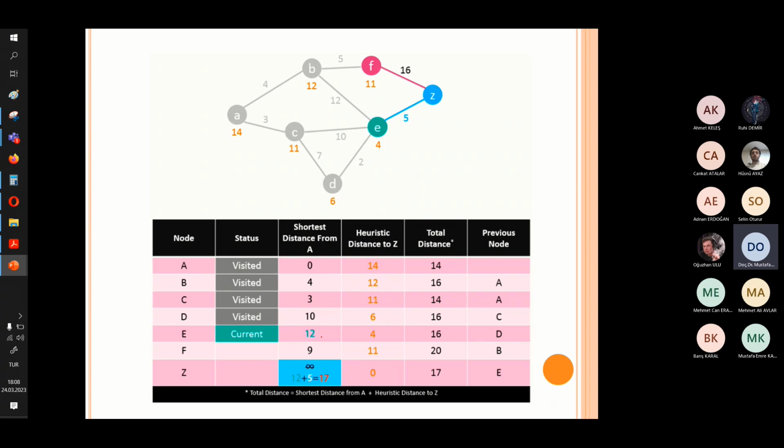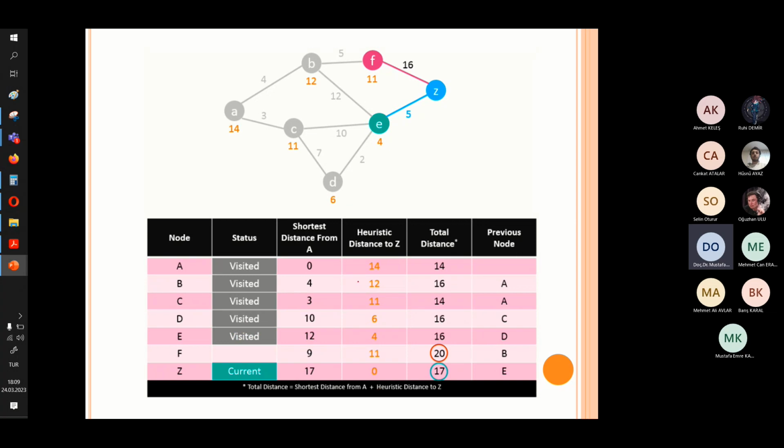That has been proven before. Therefore, 12 plus 5 will be 17. That is the actual cost. The heuristic distance will be 0. We know that. And the total distance will be 17. And we will be coming to Z through E and update everything.